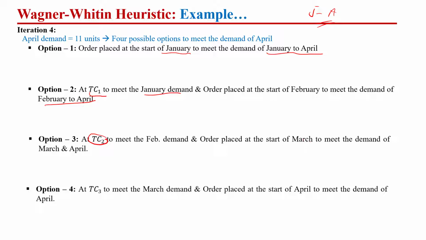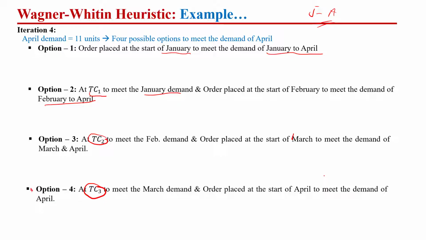So in order to meet the demand of March and April, we should place the order at the start of March. And the fourth option is till March we have got the total cost, which is in iteration number 3 the smallest cost, or you can say the optimum cost, and then we should place the order at the start of April to meet the demand of April.